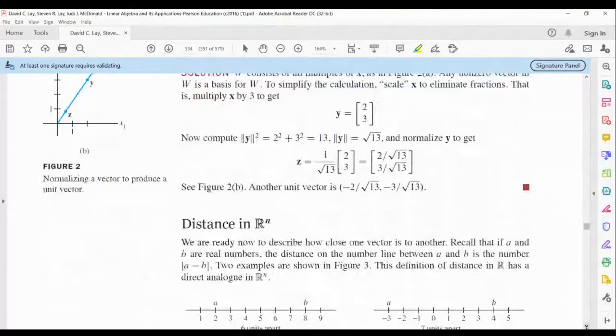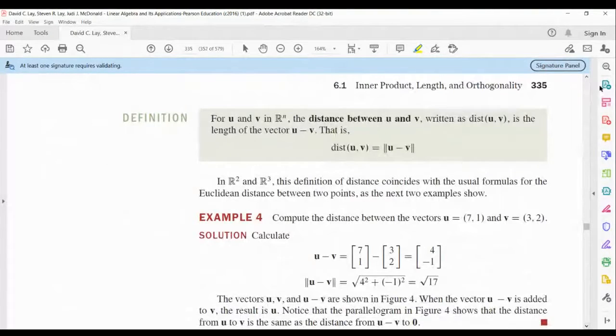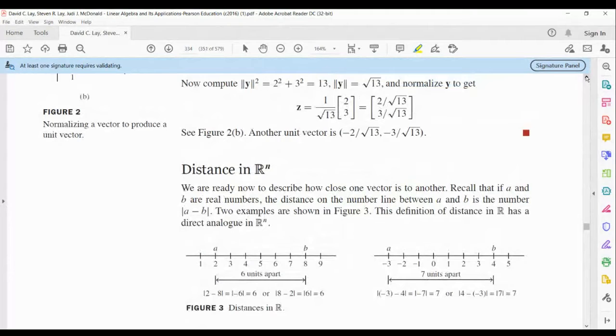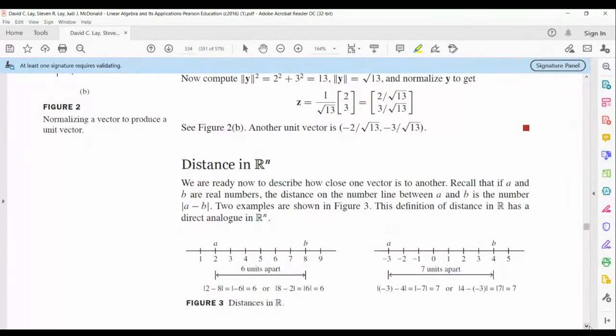I'm picking various examples. Distance. I think you know how to find the distance between two numbers. Well, the distance between two vectors is as follows.